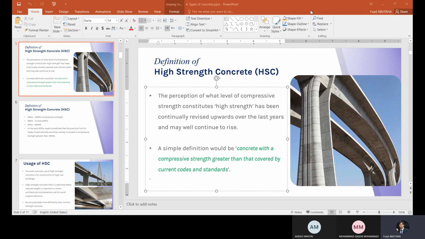The concrete supplier wants to achieve higher strength concrete, so he needs to reduce the water cement ratio. This is the first step, and he uses super plasticizer to improve the workability back as a result of the low water contents.